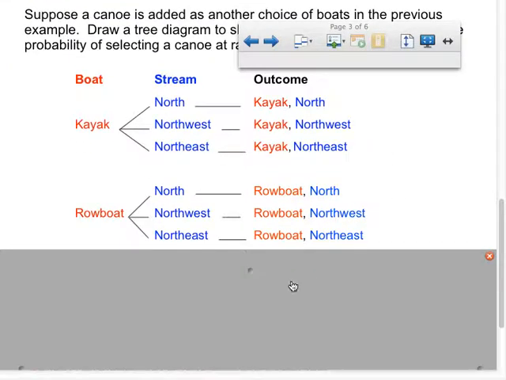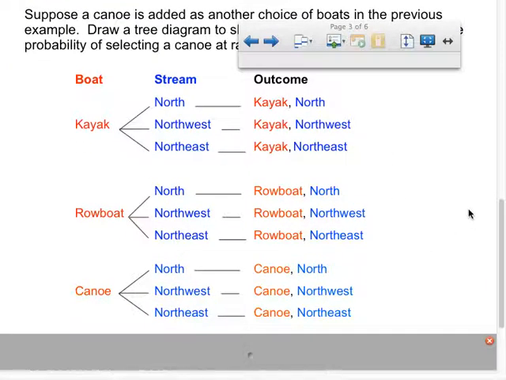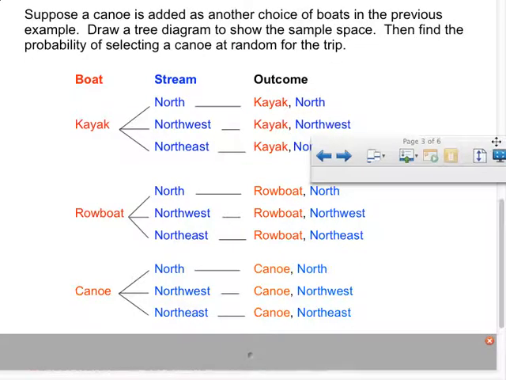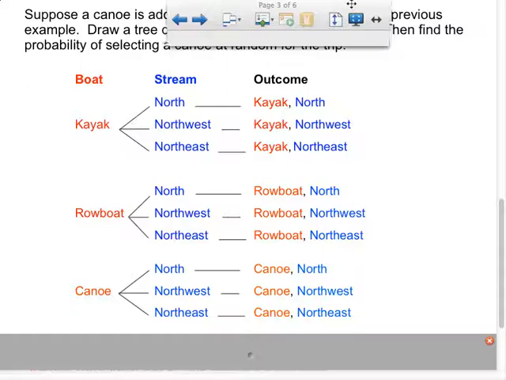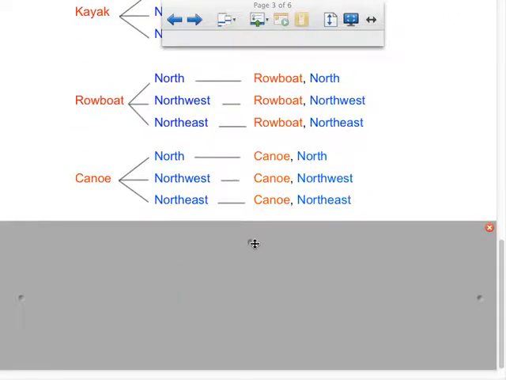So it's going to look like this. Okay? And then they want you to find the probability of selecting a canoe at random for the trip. What's the probability of selecting a canoe? Okay, so you said a third, but before you simplified it, what was it? 3/9, and 3/9 simplified to a third. So, very good.